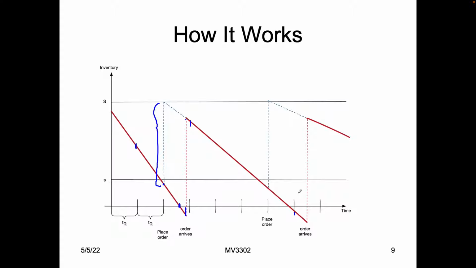If we just blindly followed that rule without remembering there's an order on the way, we would place another order, and then Murphy's Law says they would both arrive and we'd have no room for them. So what we check is our net inventory position, which is up here. Even though I have none in stock and am in a back order state, I know some are on the way, so my net position is above the reorder point, and I don't place an order.